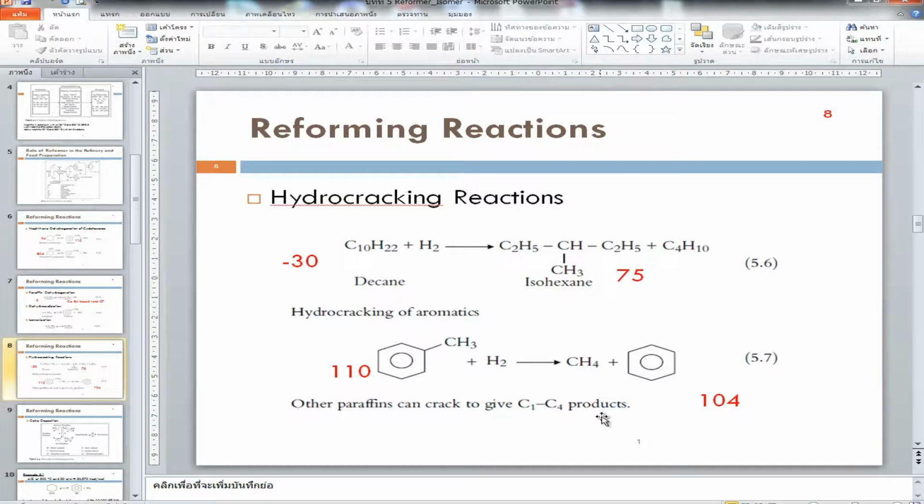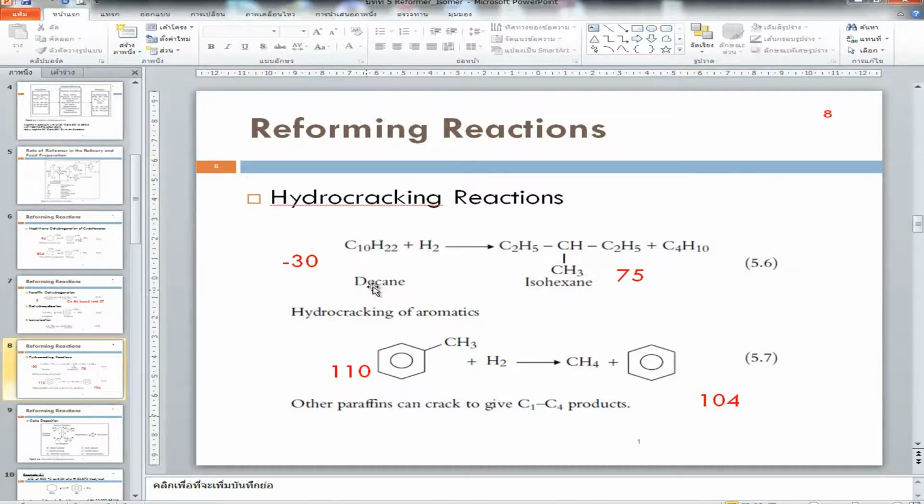Another reaction is hydrocracking. In hydrocracking, we have to add hydrogen into the thick hydrocarbon.